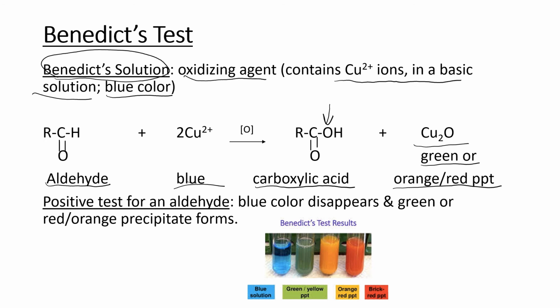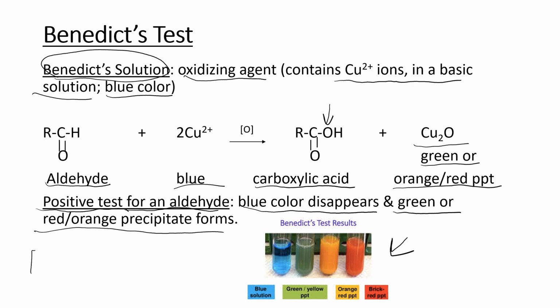So this is one of the experiments we do in the laboratory, and a positive test, meaning your aldehyde reacts and is oxidized, is that the blue color will disappear and you will observe either a green or a reddish orange color, which is shown in these test tubes down below.